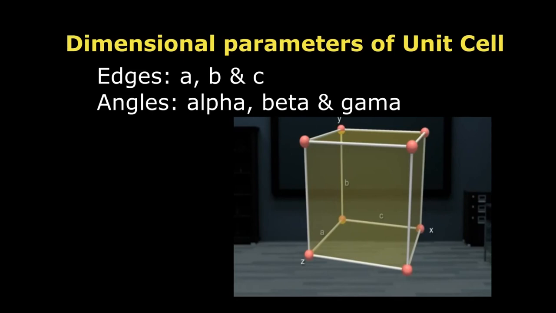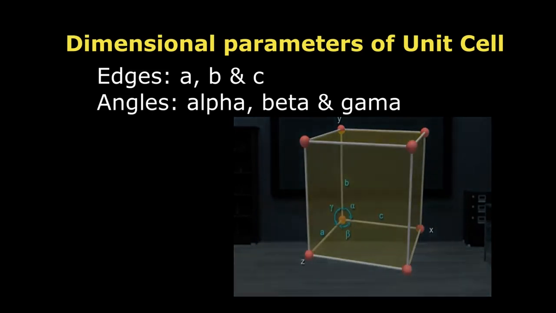When these edges join, they form certain angles. They are represented as alpha, beta and gamma. The angle between edges B and C is alpha. The angle between edges A and C is beta, and the angle between edges A and B is gamma. Thus, a unit cell is characterized by 6 parameters: edges A, B and C, and angles alpha, beta and gamma.